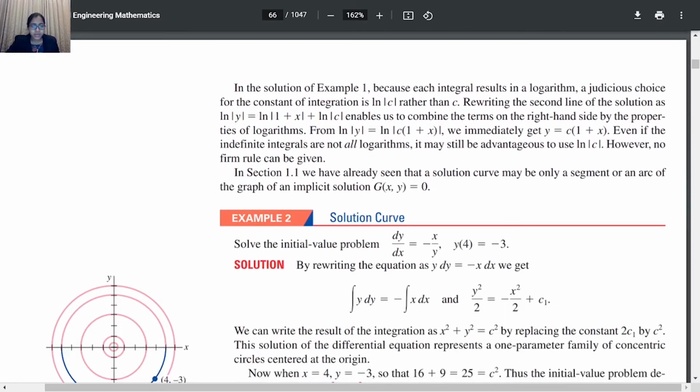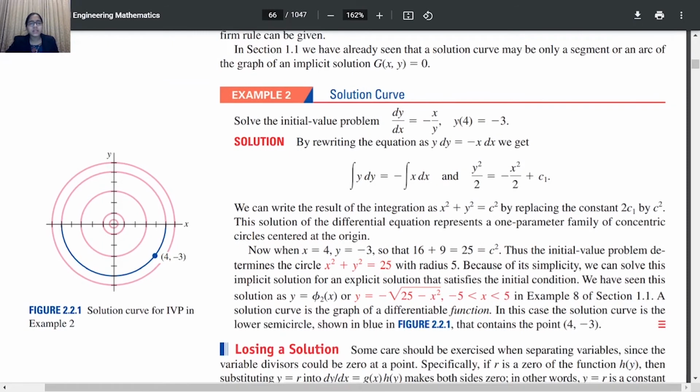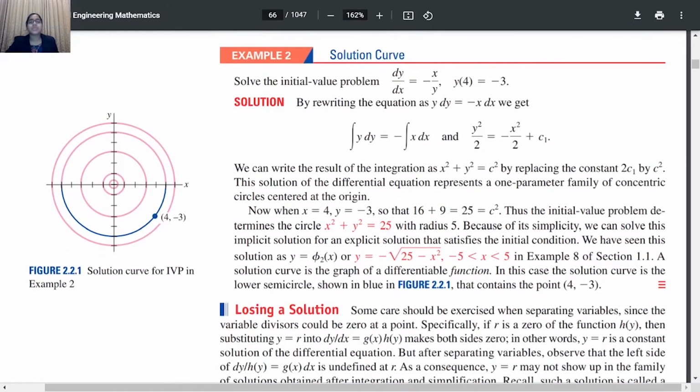Now next is another example. In this example, we are trying to solve the differential equation dy by dx is equal to minus x by y, and the initial value is also given to us, that is y of 4 is equal to minus 3. While solving, I'll write this equation as y dy is equal to minus x dx.